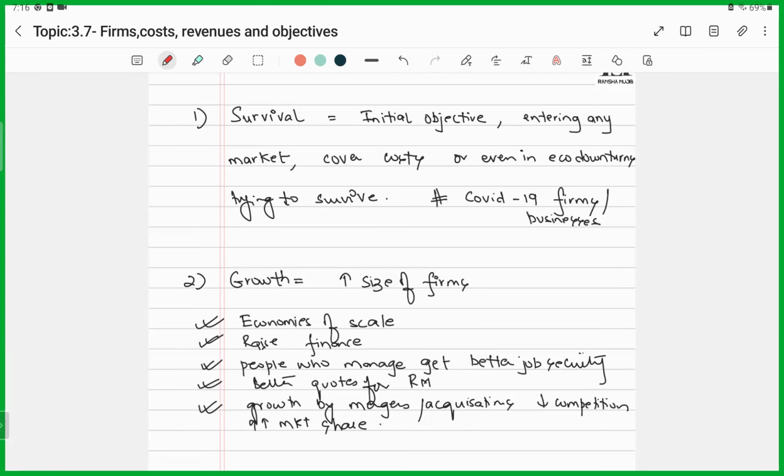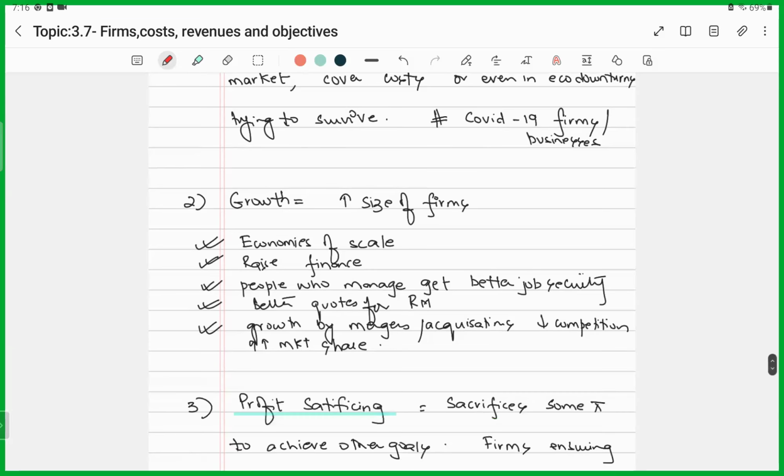The second objective of firms could be growth. That means they want to increase their size, they want to expand their level of operations, they want to do this by experiencing economies of scale. And why would a firm go for growth?